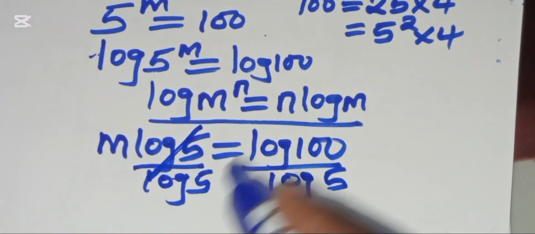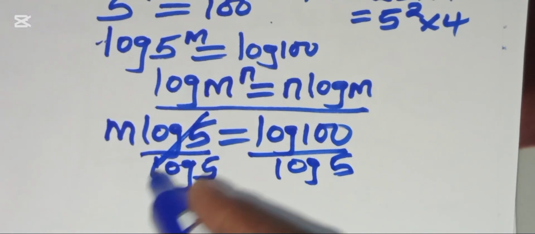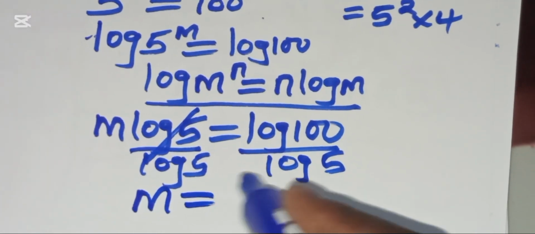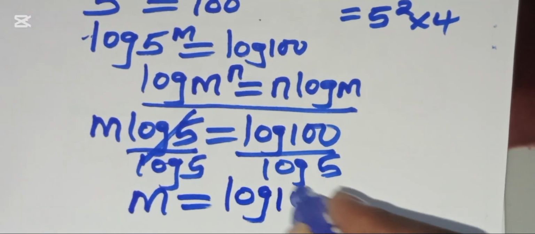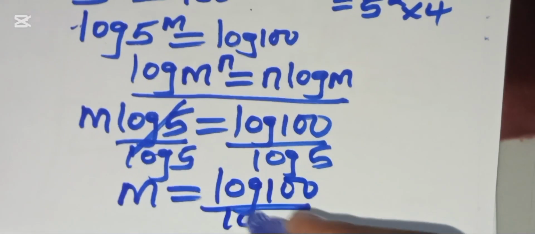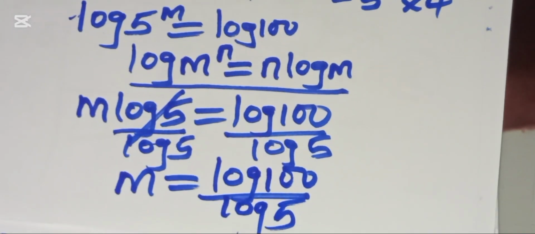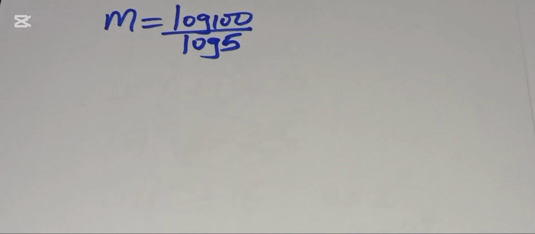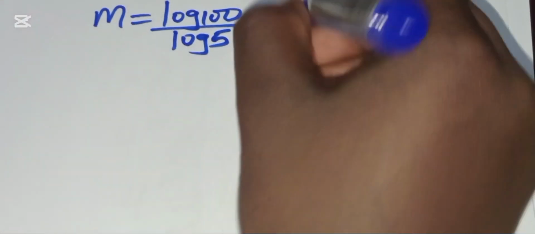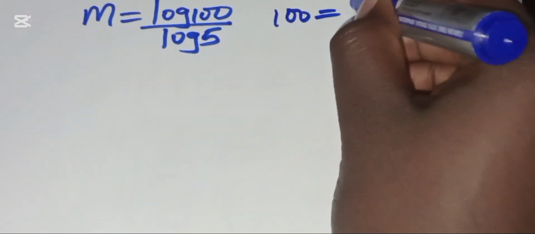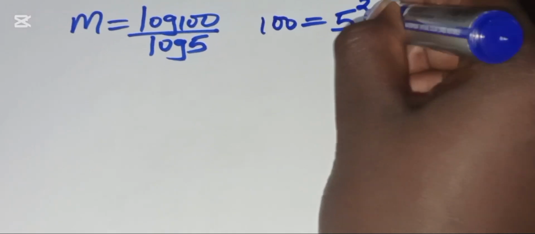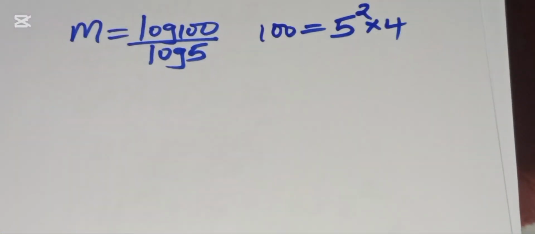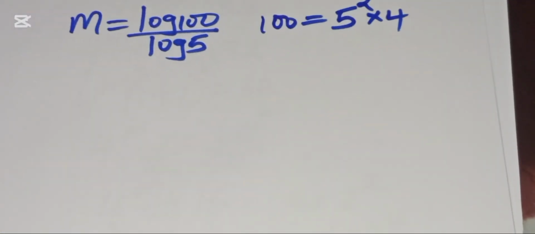So that means we're going to have m is equal to log 100 divided by log 5. Let's proceed. We have that m is equal to log 100 divided by log 5. We are saying that 100 can be expressed as 5 squared multiplied by 4, so let's substitute this back into our equation.